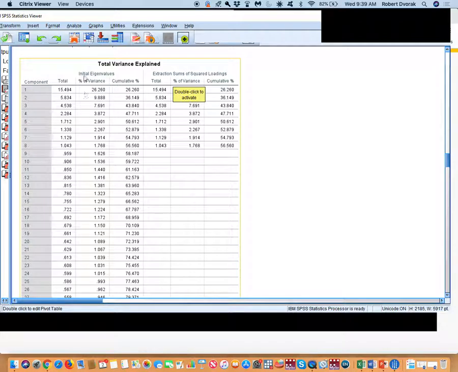When you do a rotation, you're going to get initial eigenvalues, and then you're going to get the eigenvalues for the rotation. We selected that we were going to extract factors based on whether or not the initial eigenvalues were greater than 1. And so in this case, we see that we can account for 56% of the total variance in all of the items. And we have how many factors? 8. Now, one of the things that I mentioned in the video is this rule of thumb of 1, and I said that there are some problems with the rule of thumb of 1. And what was one of the main problems with the rule of thumb of 1 for eigenvalues?